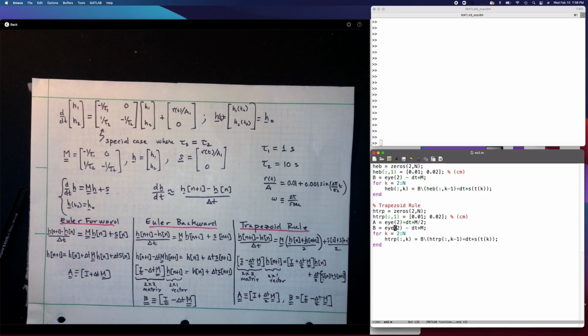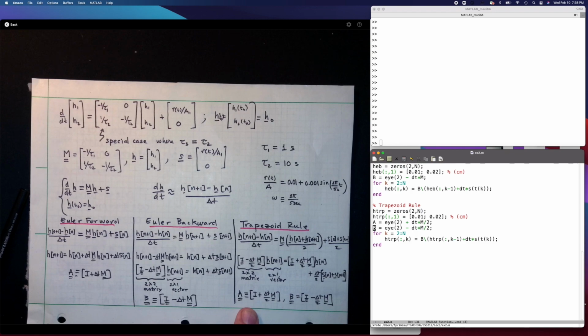B is I2 minus dt star M divided by 2. A with a plus, B with a minus, and they're both divided by 2.